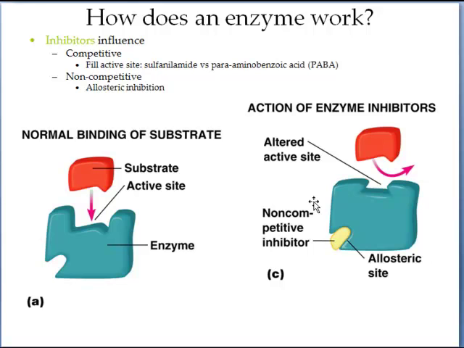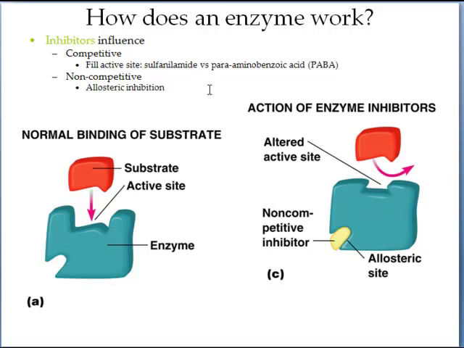For example, poison would be a non-competitive inhibitor, because in poison, for example, cyanide can bind with the iron-containing enzymes, and fluoride can bind with the calcium or magnesium, and then they actually block an allosteric site, another site that is away from the active site, and they distort the shape of the enzyme, and the substrate cannot fit in. Notice that the shape over here is distorted.